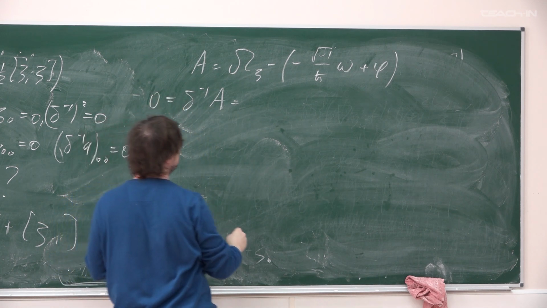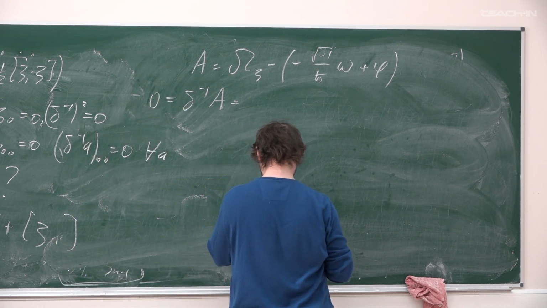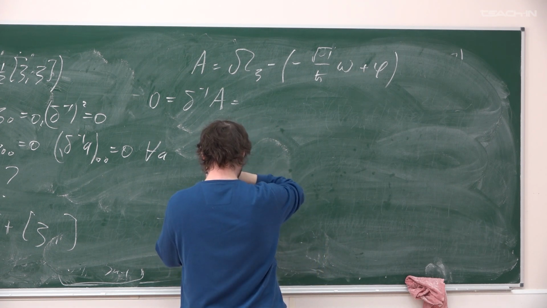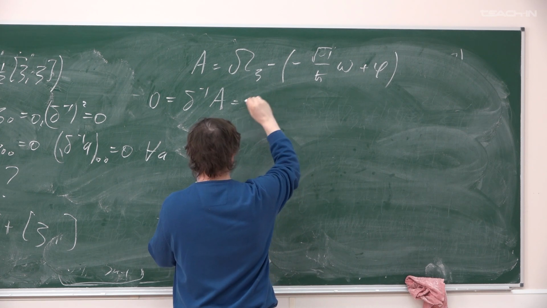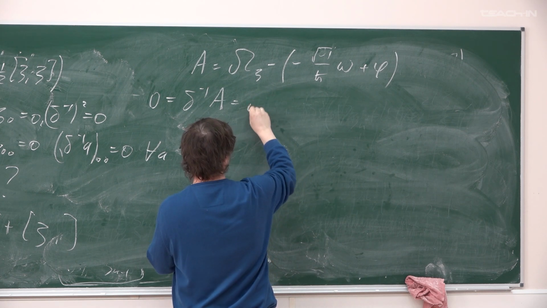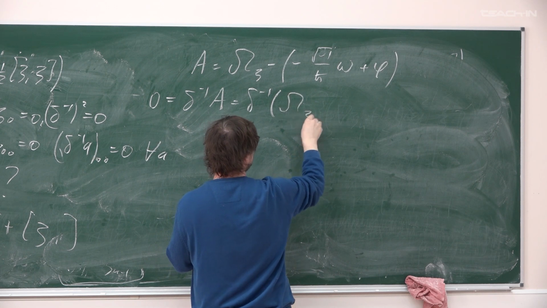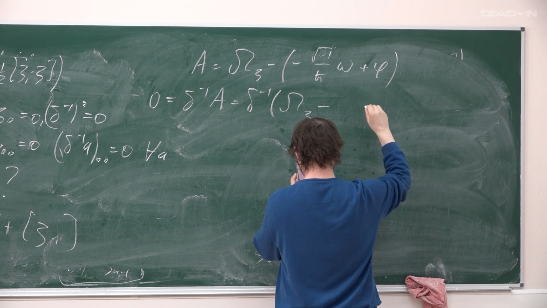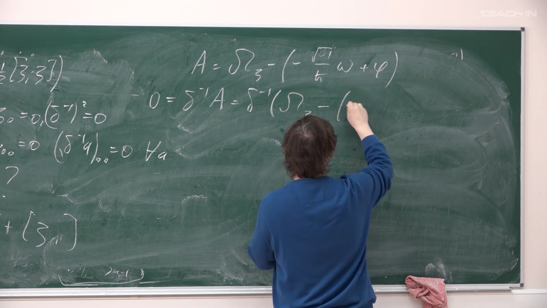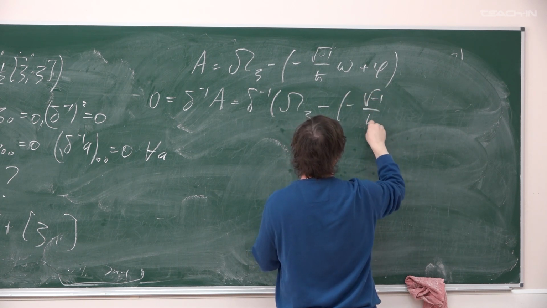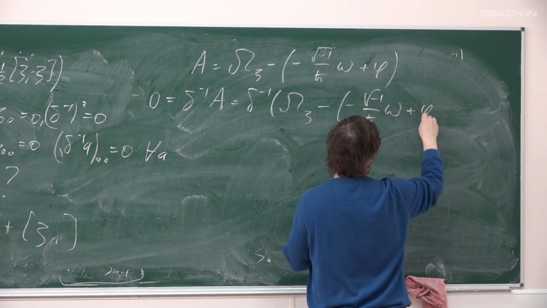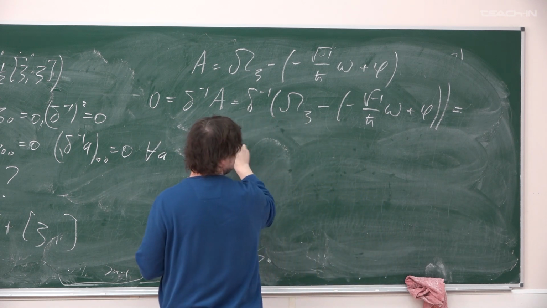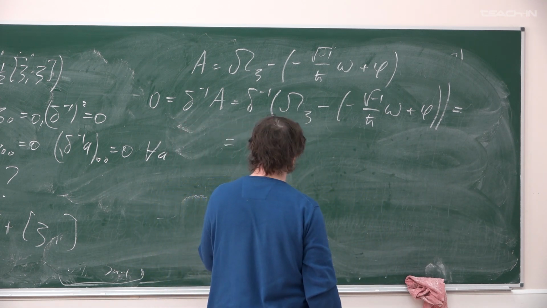And that's easy because, what do you call this? Delta minus first of omega zeta minus minus square root of minus 1 h bar omega plus phi, right? So what is it equal to?